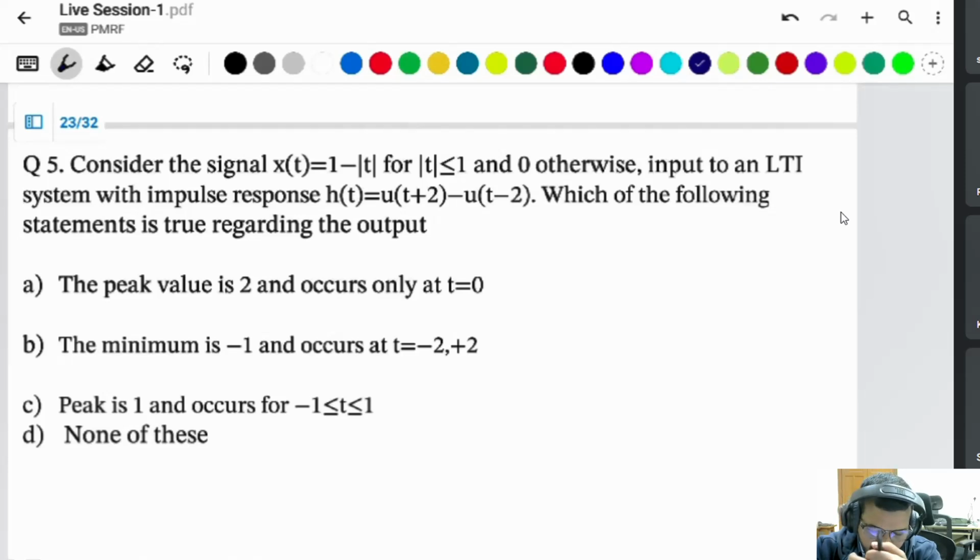Which of the following statements is true regarding the output? The peak value is 2 and occurs only at t equal to 0. The minimum is minus 1 and occurs at t equal to minus 2 and plus 2. The peak is 1 and occurs for minus 1 to 1.